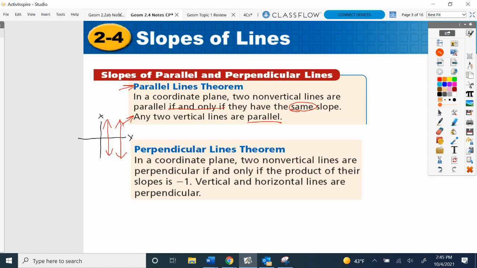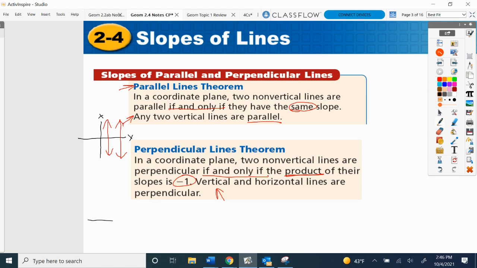Perpendicular lines: how do we know two lines are perpendicular? This theorem tells us in a coordinate plane, two non-vertical lines are perpendicular if and only if the product of their slopes is -1. Multiplying their slopes gives -1. We're going to take a look at that. They also give us this piece of information here: vertical and horizontal lines are automatically perpendicular.